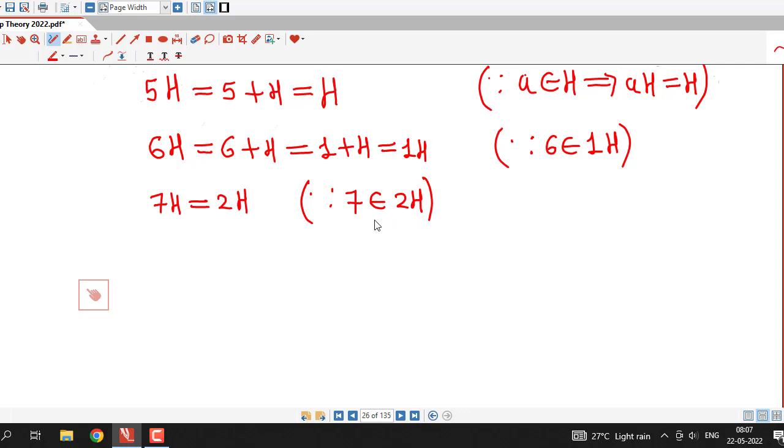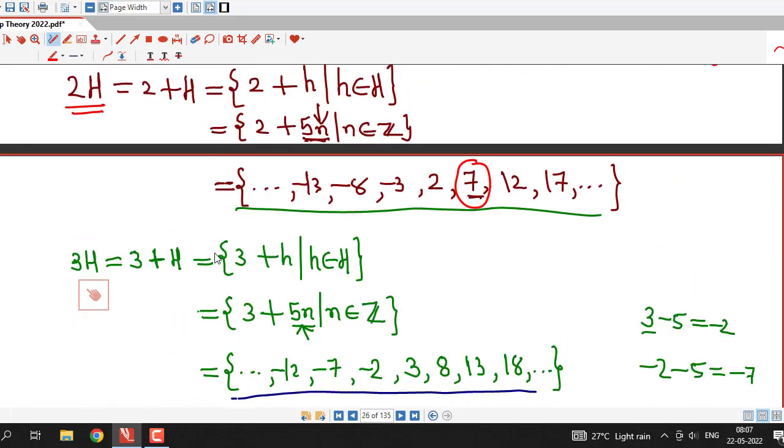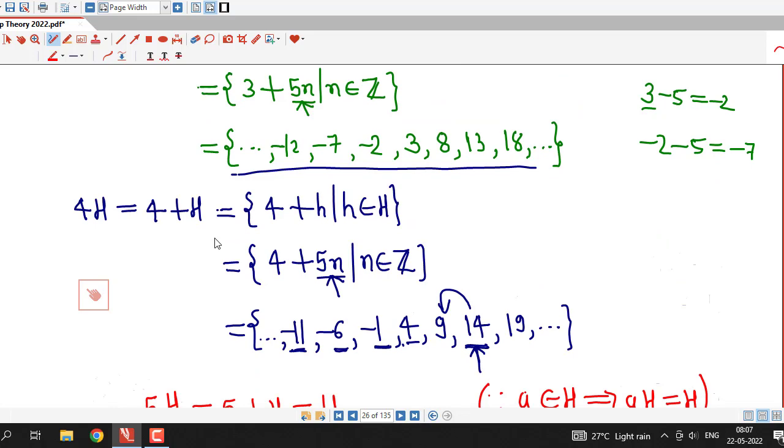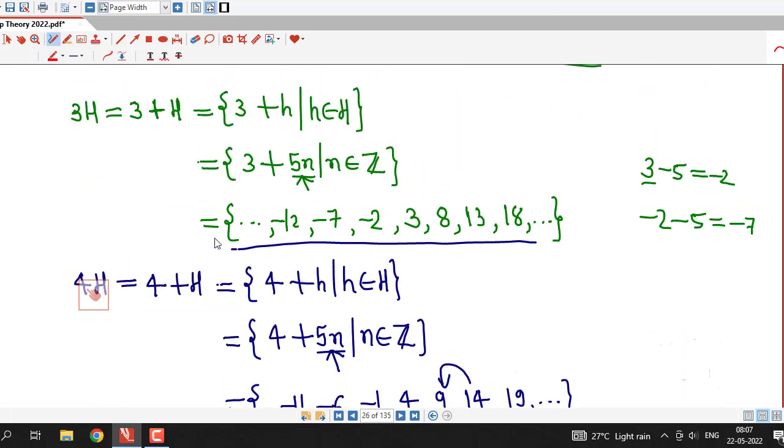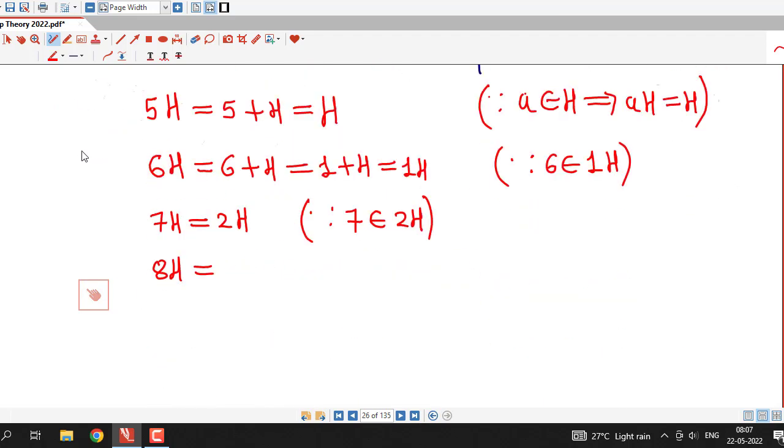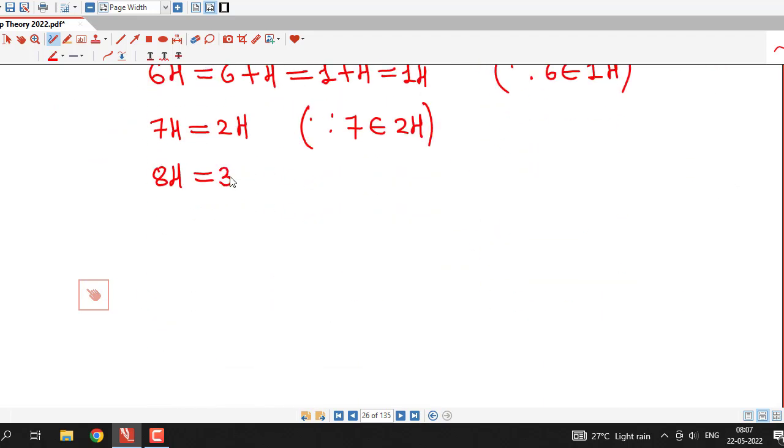So 7 belongs to 2h, therefore 7h equals 2h. Similarly, what about 8h? 8h is present in this element. So we can write that 8h equals 3h, because 8 belongs to 3h.